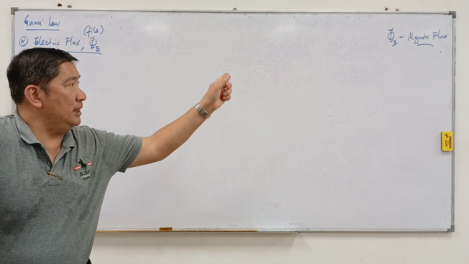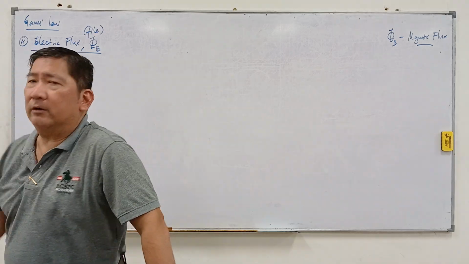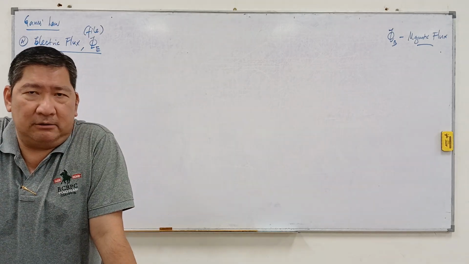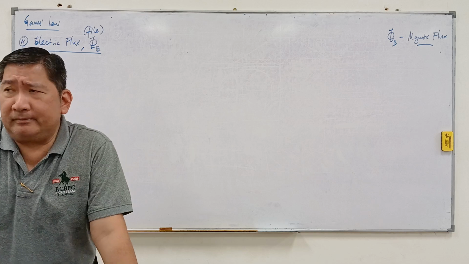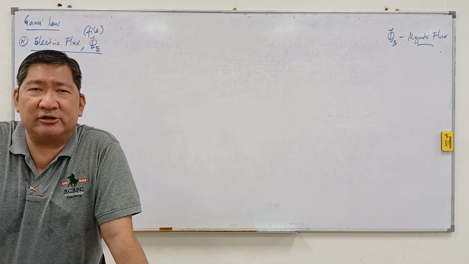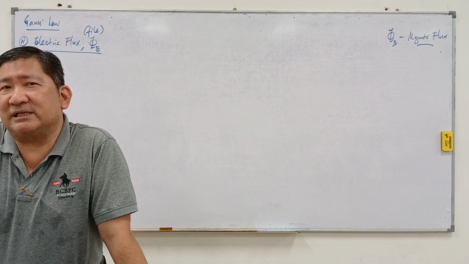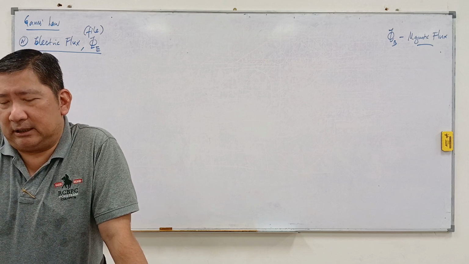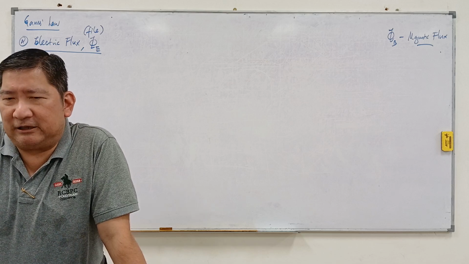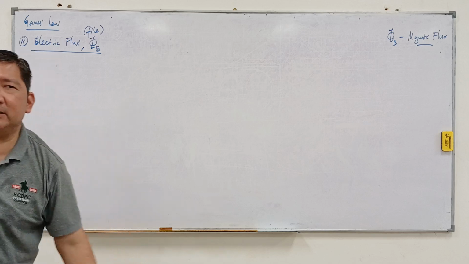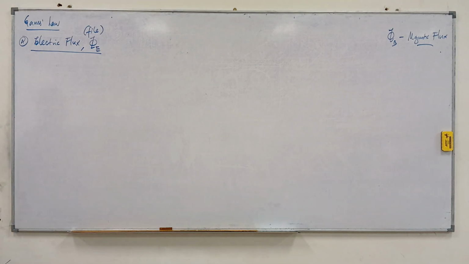We subscript B for magnetic field and E for electric field. But now you don't have that problem anymore because your phi B is not going to meet phi E, because they are separated by six weeks. So you have no problem getting confused. Now what is electric flux actually?